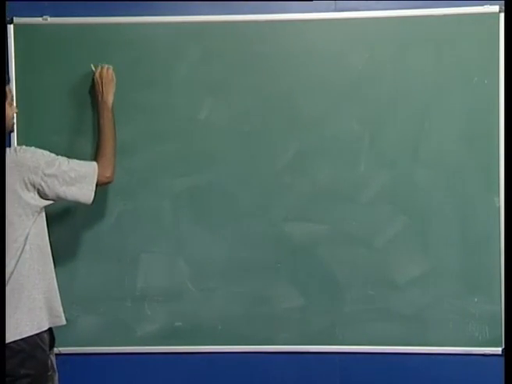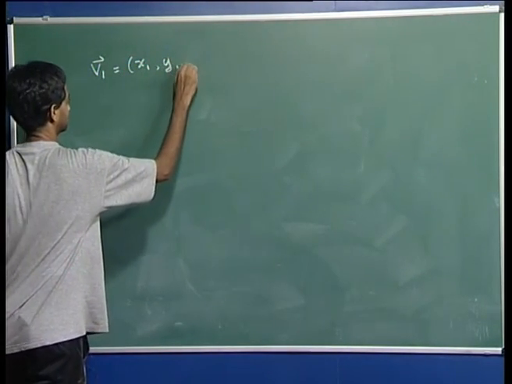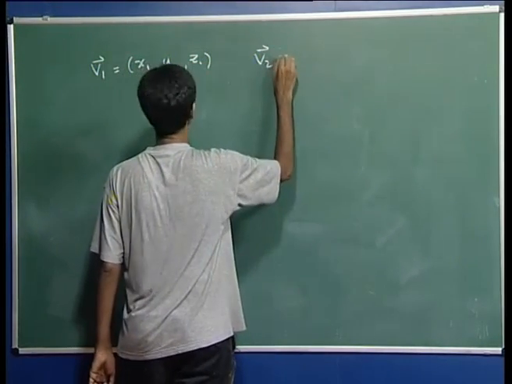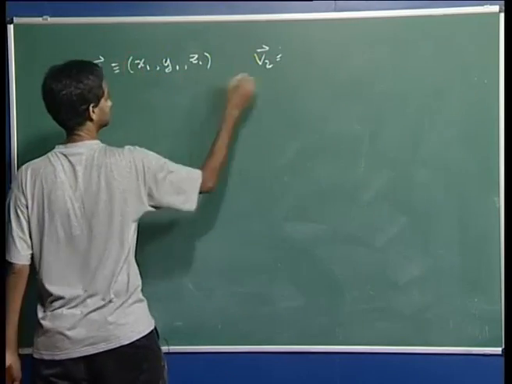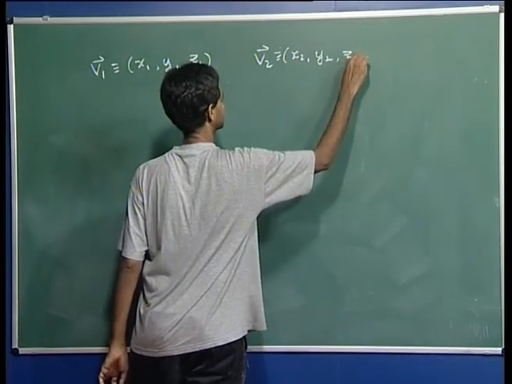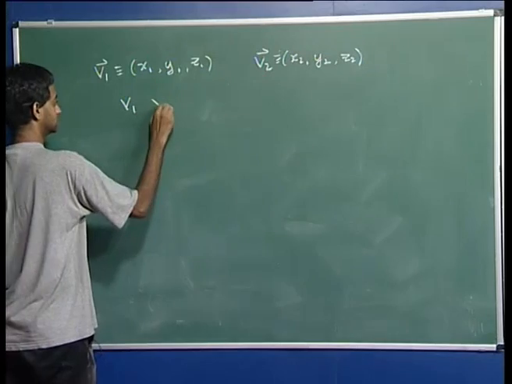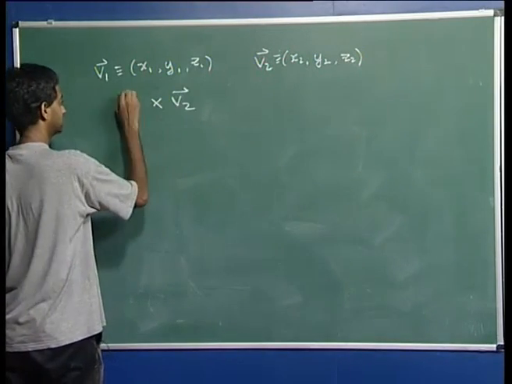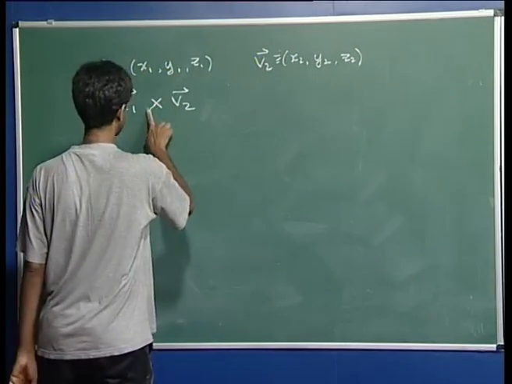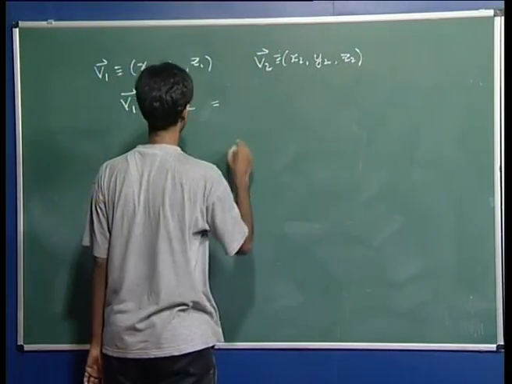In three dimensional space, if you have two vectors, v1 given by x1, y1, z1, and v2 given by x2, y2, z2, then the cross product of these two vectors gives you a vector, and that vector has three components.